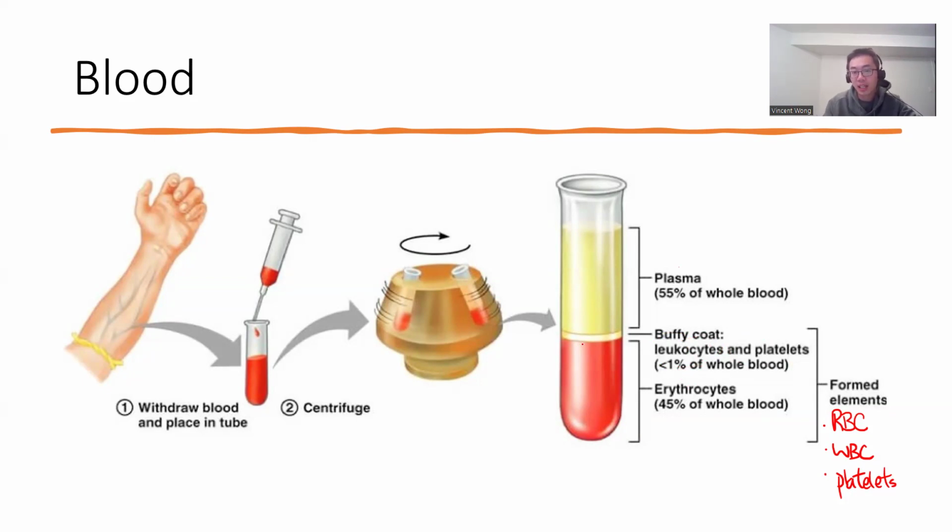And in fact, the white cells and the platelets are lighter because they don't have the iron in them, so they hover between the plasma and the red cell portion. There is a question: should you memorize all the names? Yes, you should recognize them. If a question talks about erythrocytes, then you should know it's referring to red cells. I know it's a lot.